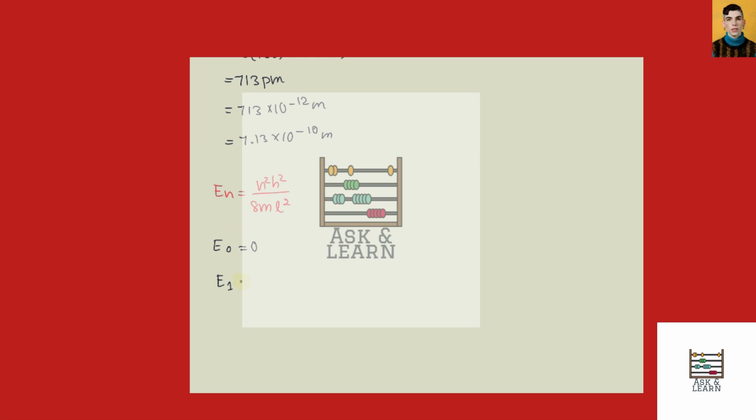E of 1 will be equal to 1 into 1 square, where h is Planck's constant, 6.626 into 10 to the power minus 34 joule second, squared, divided by 8 into m, the mass of the electron, 9.1 into 10 to the power minus 31 kg, and L is the length of the molecule, 7.13 into 10 to the power minus 10, squared. On solving this, we find that E of the first energy level is 1.186 into 10 to the power minus 19 joule.